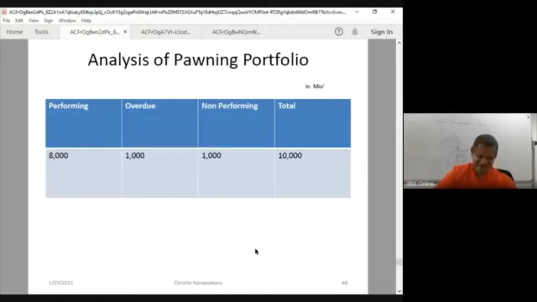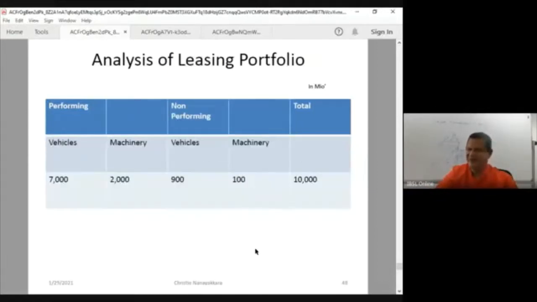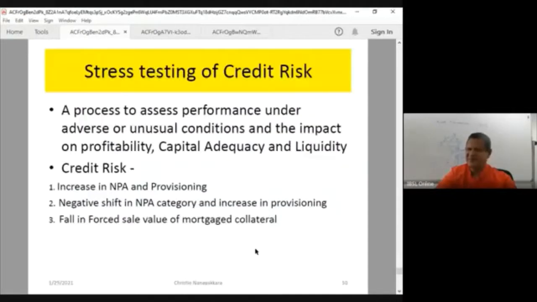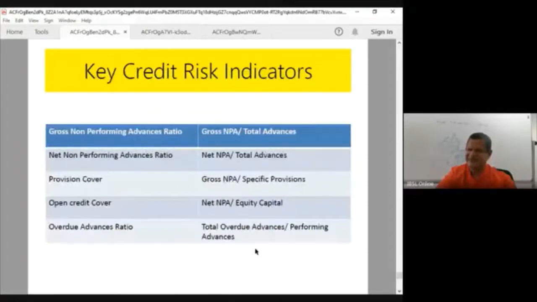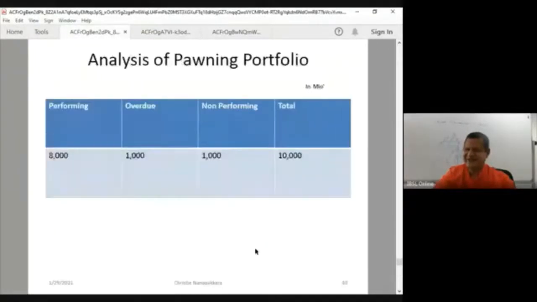I will stop at this moment now. We have the pawning portfolio to discuss, the leasing portfolio to discuss. We need to do a little bit of risk stress test on credit. Then we also need to analyze certain key risk indicators, and then we conclude our session after another 4 slides.